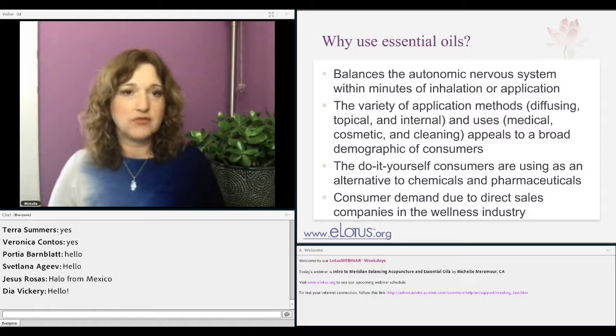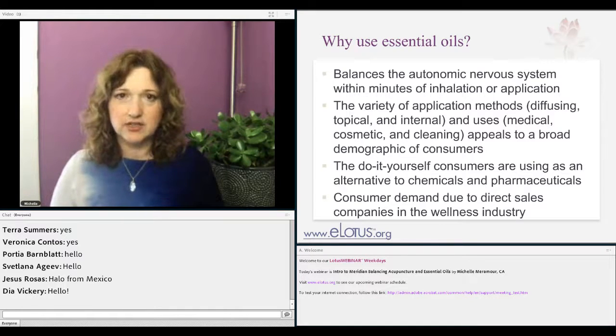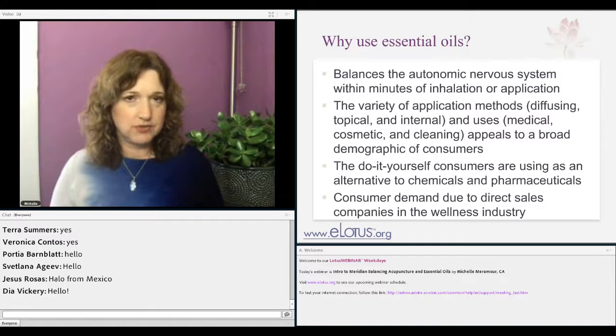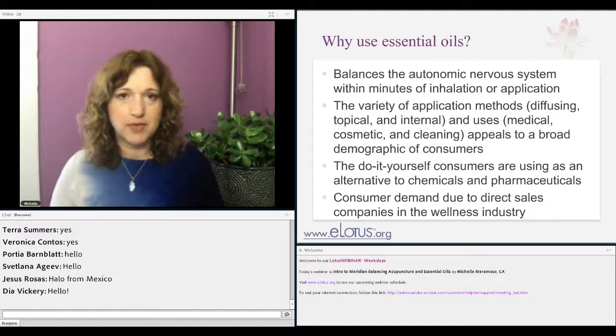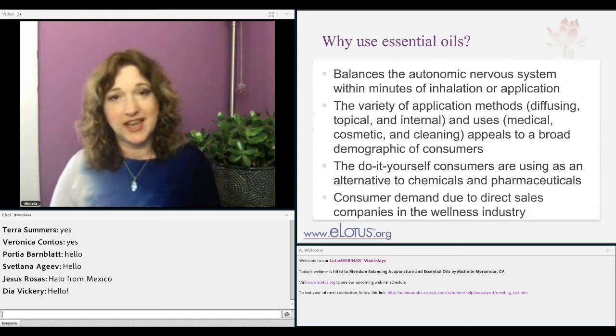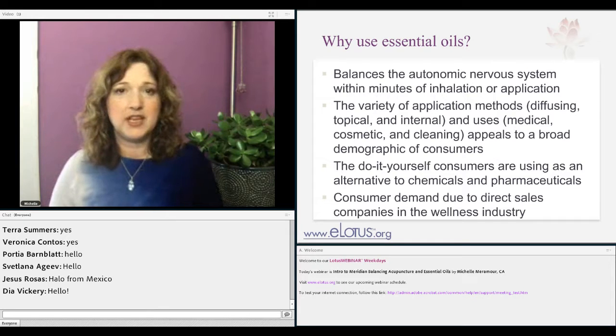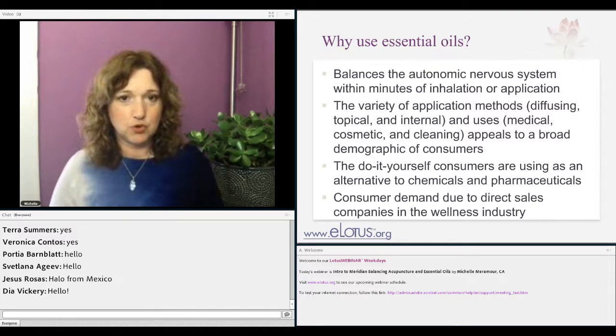What I found a long time ago was adding some of the citrus essential oils to the Chinese herbs. The powders from Evergreen dissolve great in water, and if you add just a couple of drops of essential oils to it, it really covers the taste of the herbs, and it also enhances the absorption and the person's ability to tolerate them. So we're going to talk about that too.